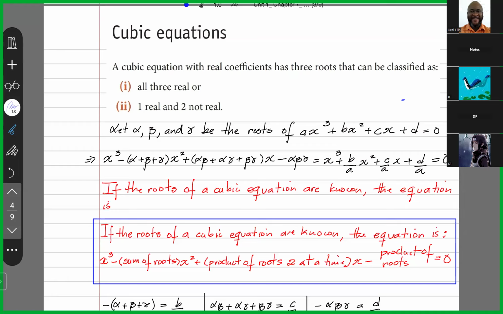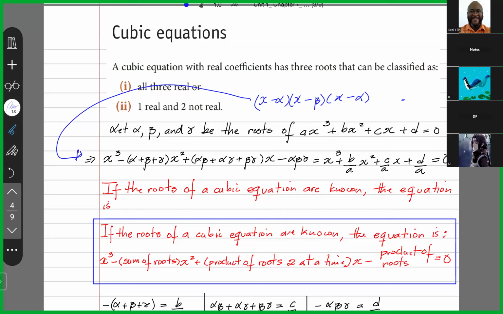Then x cubed minus the sum of the roots, alpha plus beta plus gamma, x squared plus the pairwise products of the roots, alpha beta plus alpha gamma plus beta gamma, x minus alpha beta gamma is what I get if I multiply the three linear factors: x minus alpha, x minus beta, and x minus gamma.